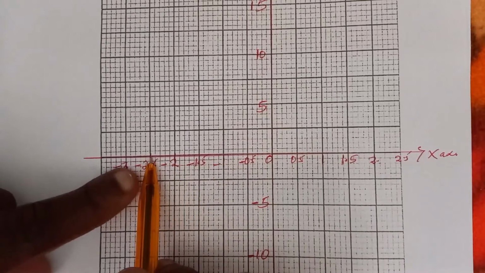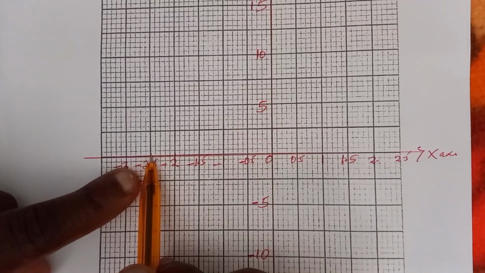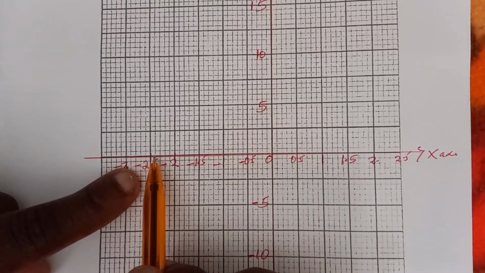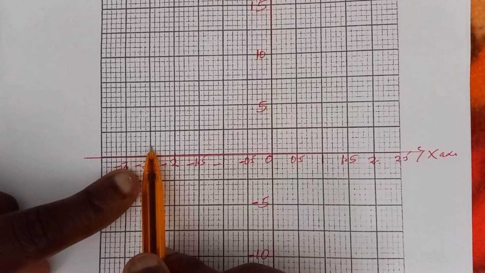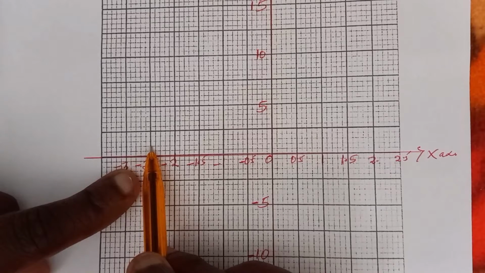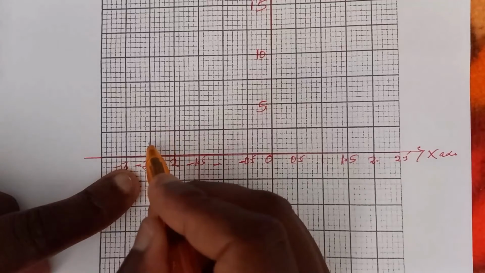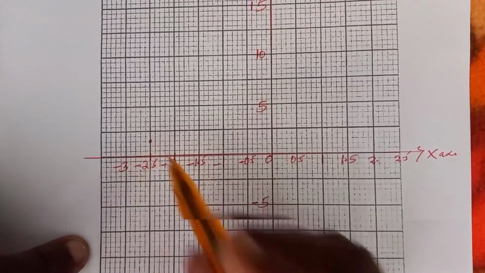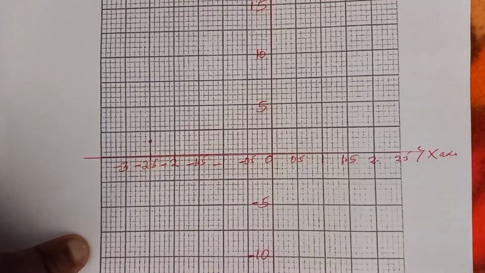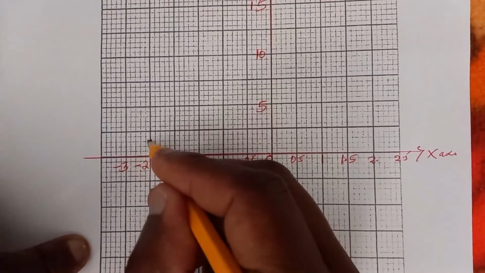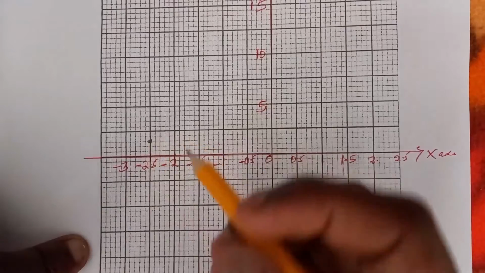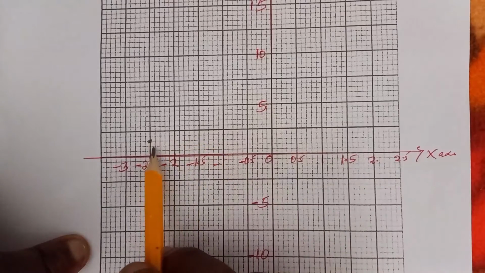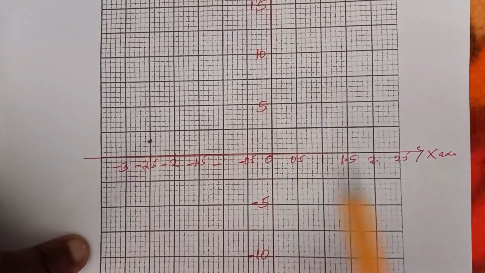Negative 2.5 is here. Then 1.5 on the y-axis. This is 1, and 1.5 will be here. So negative 2.5, 1.5 is here.